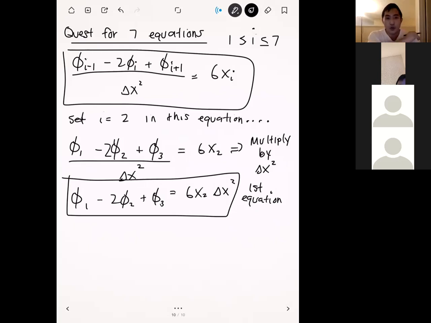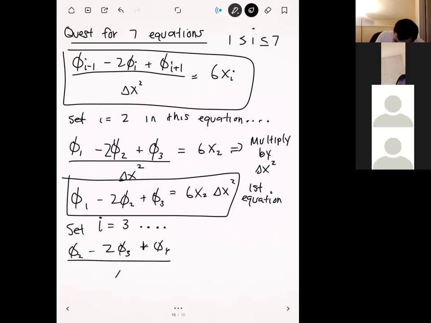And so just like that, we already have our first algebraic equation, right? That's 1 out of 7. Now we need to find the other equations, but we can do this by simply applying that same finite difference expression at the different nodes. So now let's do the same thing, but set i equal to 3. If we set i equal to 3, what we get is phi 2 minus 2 phi 3 plus phi 4, all divided by delta x squared, and this is equal to 6x3.